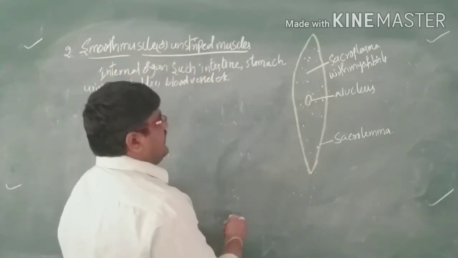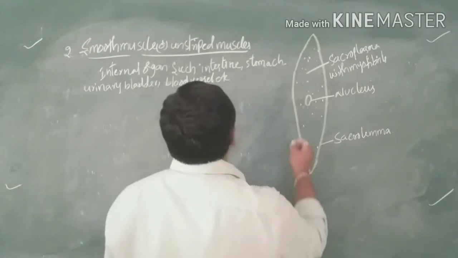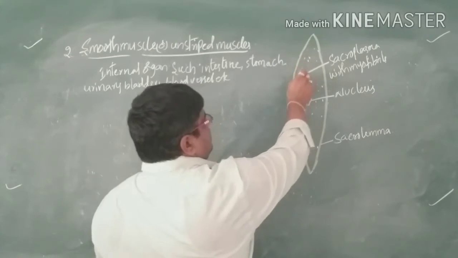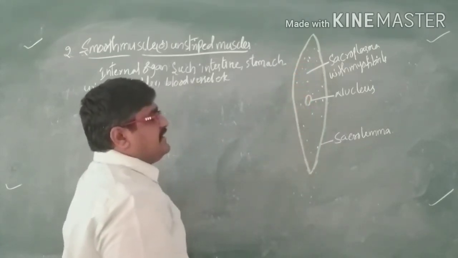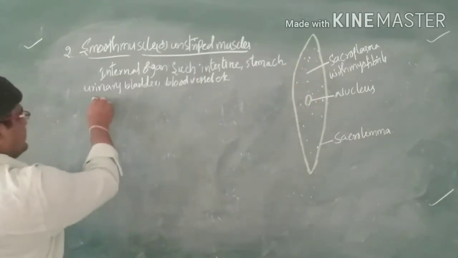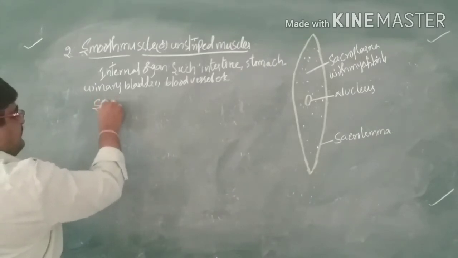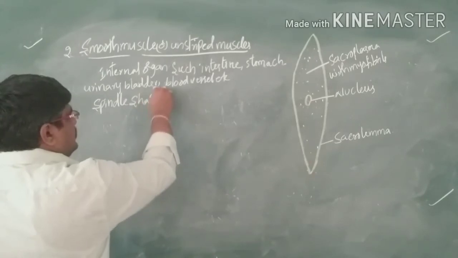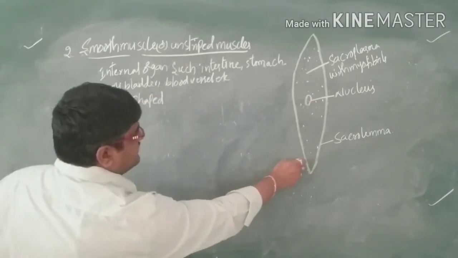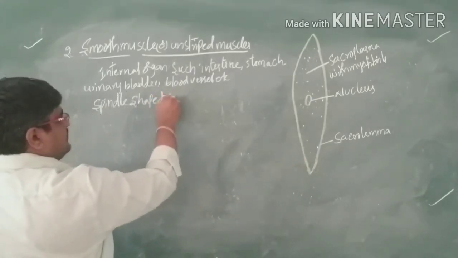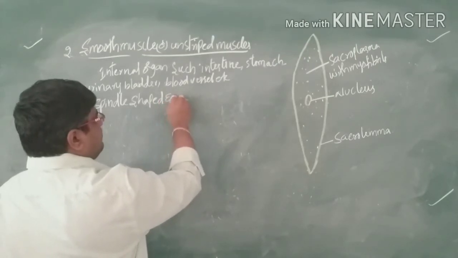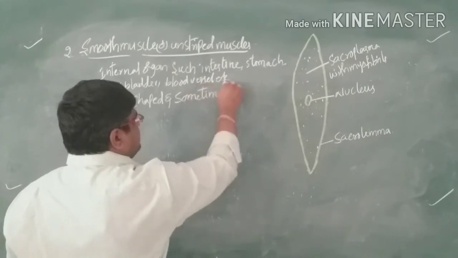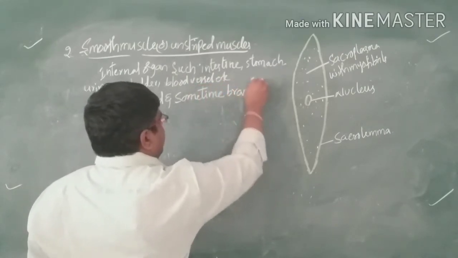Why they are called smooth or unstriped muscles: smooth muscles have a spindle-shaped structure with tapering ends, and sometimes they are branched.